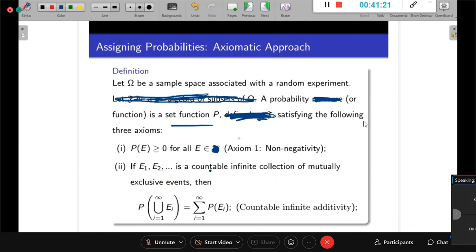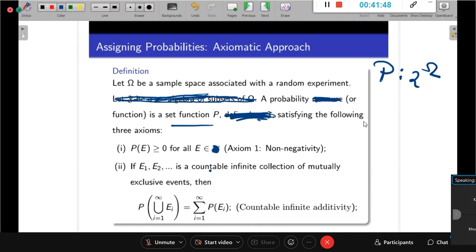Its domain is the power set of omega, the set of all possible subsets of omega, denoted 2 to the power omega. That's the standard notation for the power set of omega.